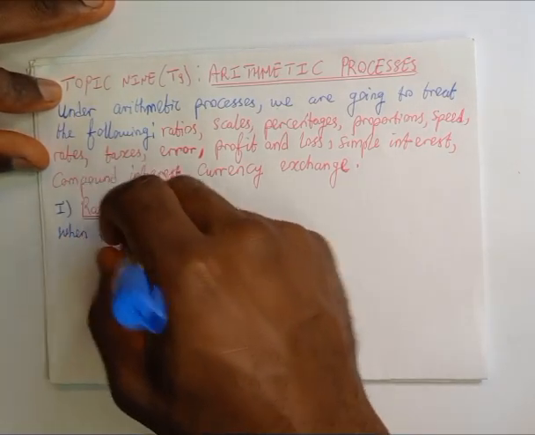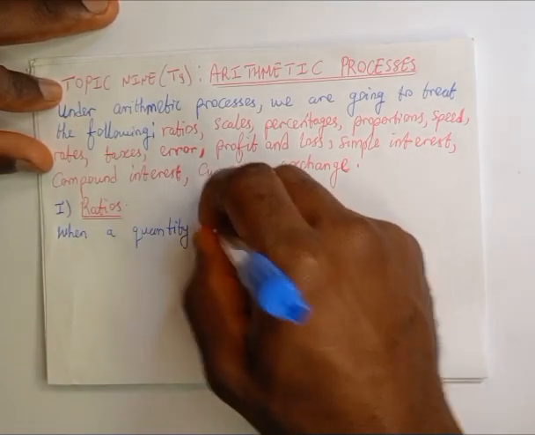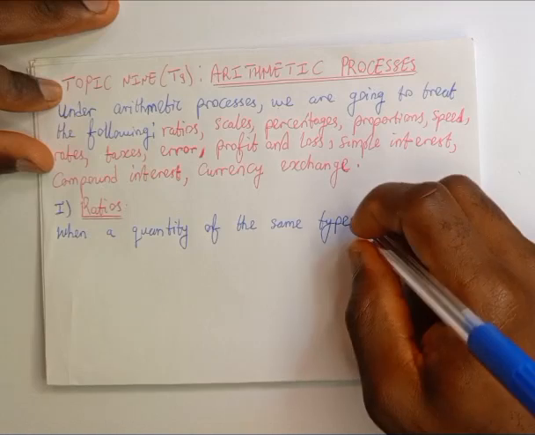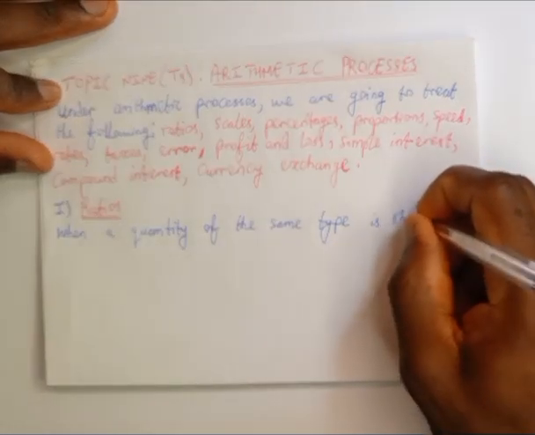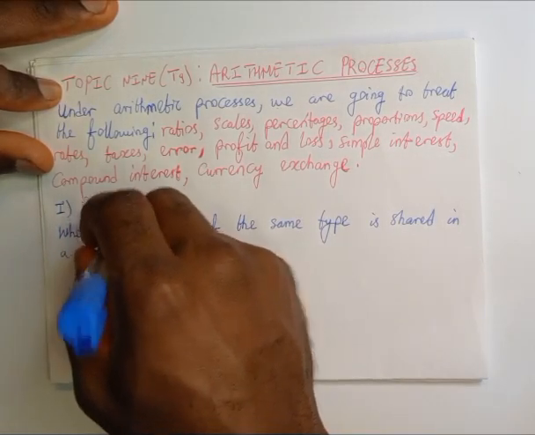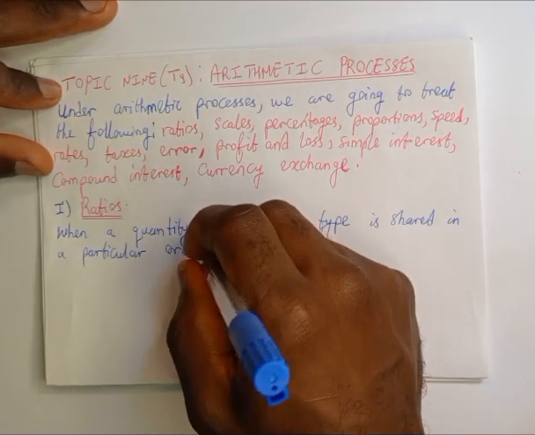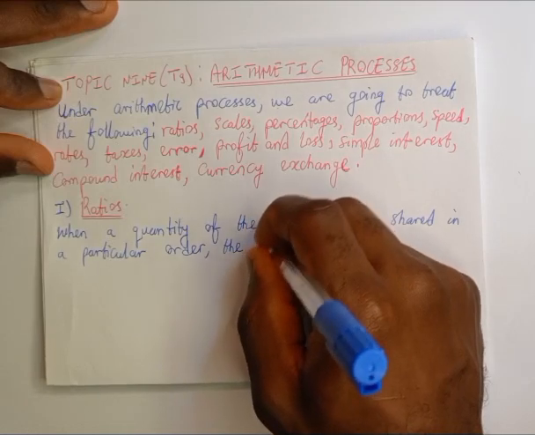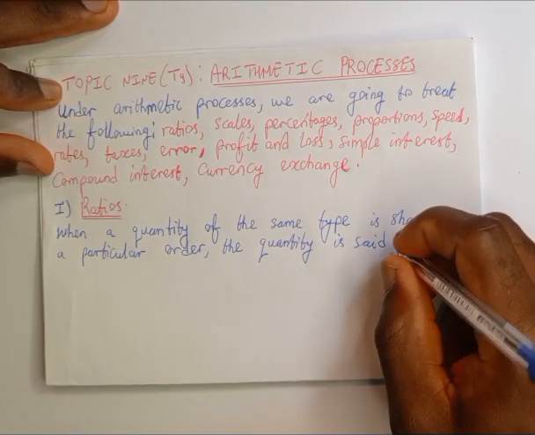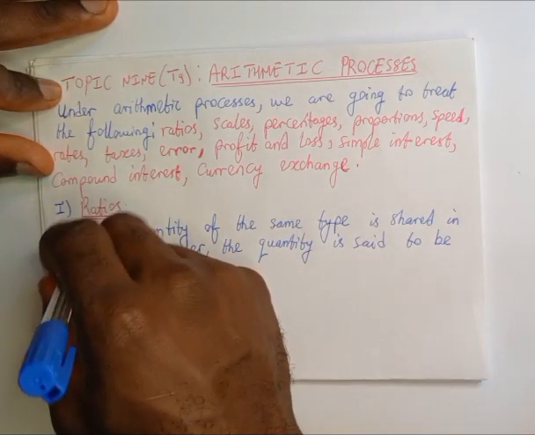When a quantity of the same type is shared in a particular order, the quantity is said to be rationalized.